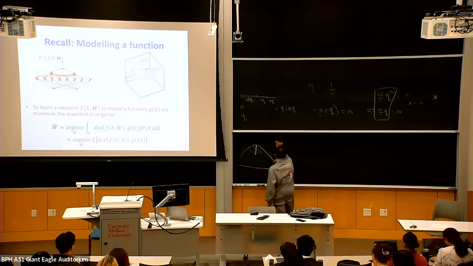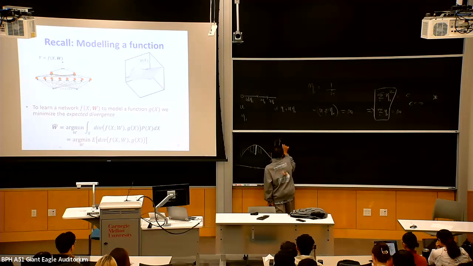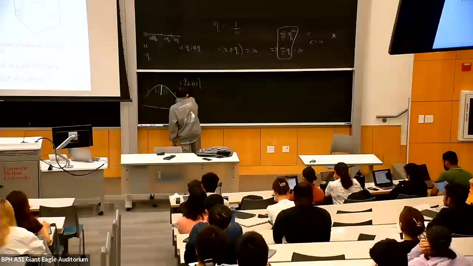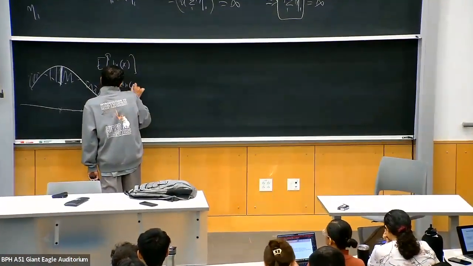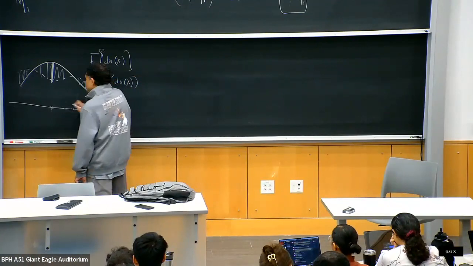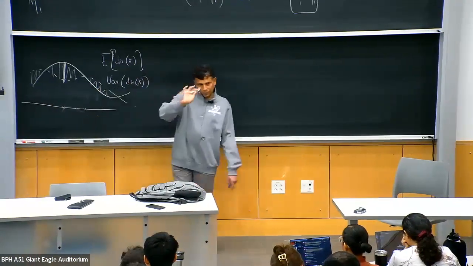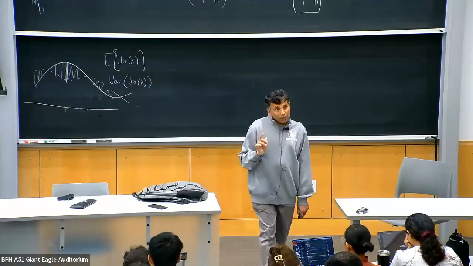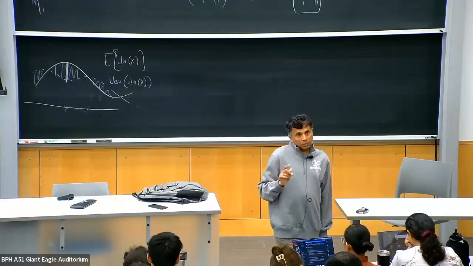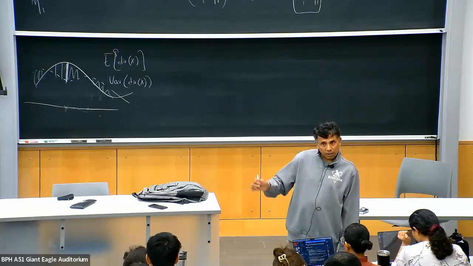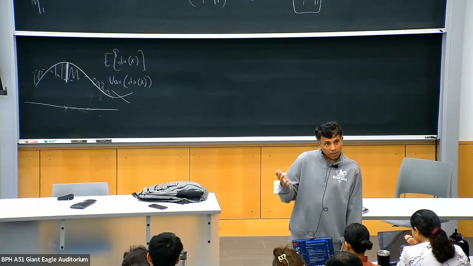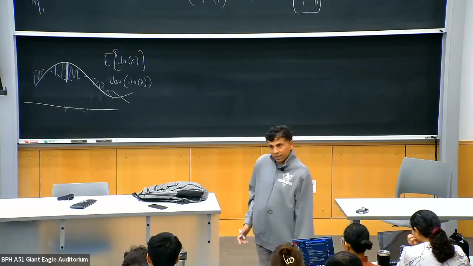One is the expected value of the divergence for each x, and then I have the variance of the divergence of x. These two are the properties of this error, right? What are we trying to minimize of these two? The expectation. If you minimize the expectation, if you send it to 0, the error goes to 0. There will be no more variance, right?